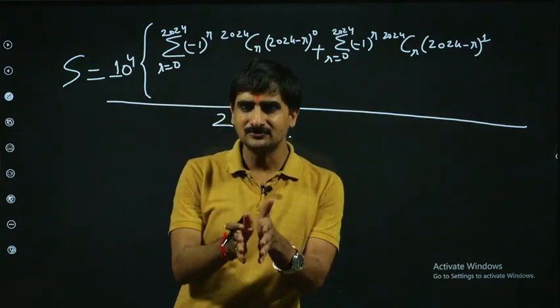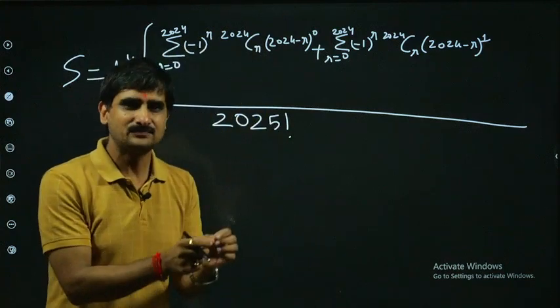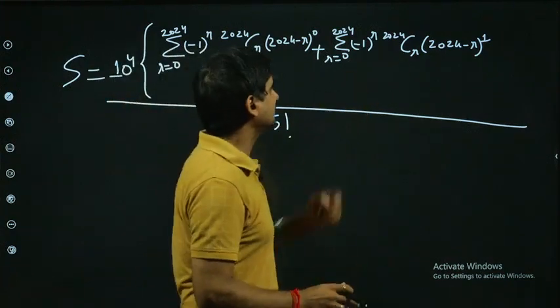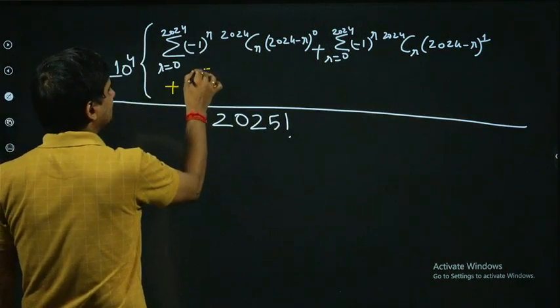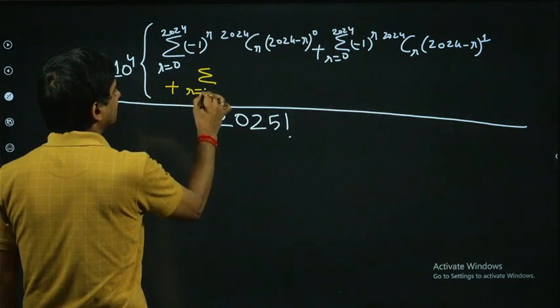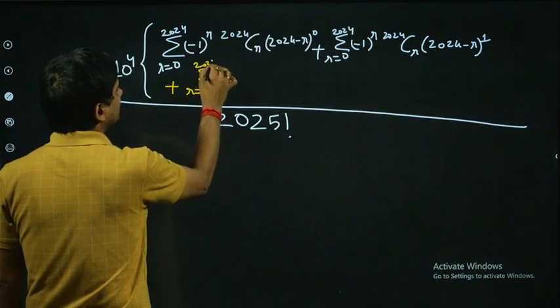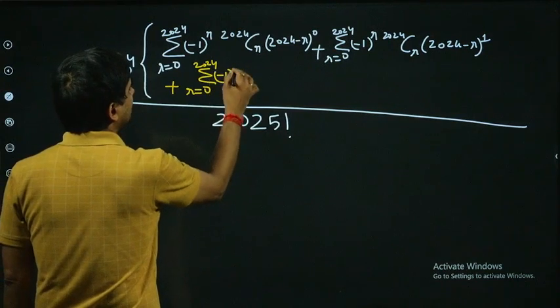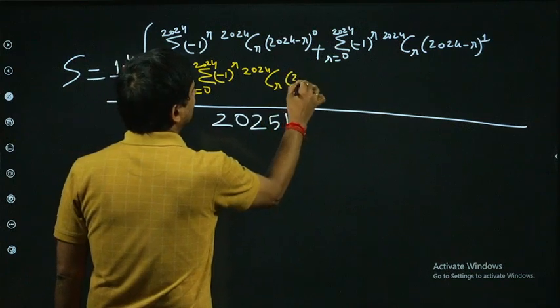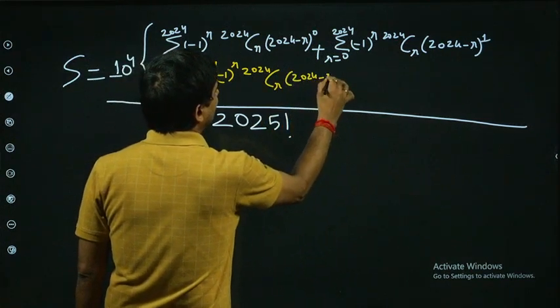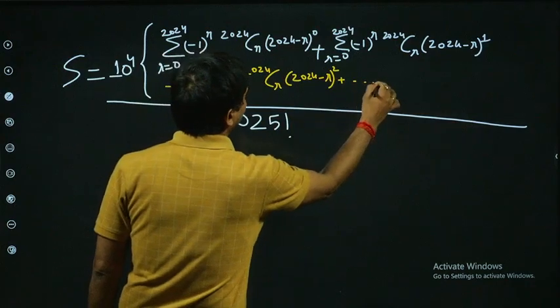Okay, so I am opening the summation for variable i. So put i equal to 0, you get a term, plus put i equal to 1, you get a term, plus put i equal to 2, you will get another term. So I am writing one more term, r equal to 0 to 2024, minus 1 raised to the power r, 2024 C r, 2024 minus r whole squared, plus dot dot dot.